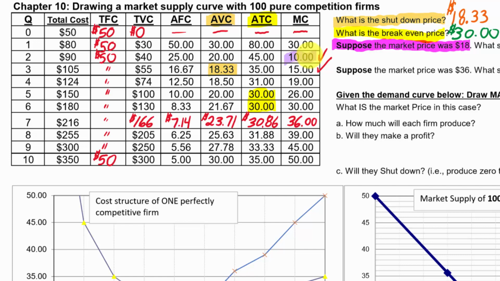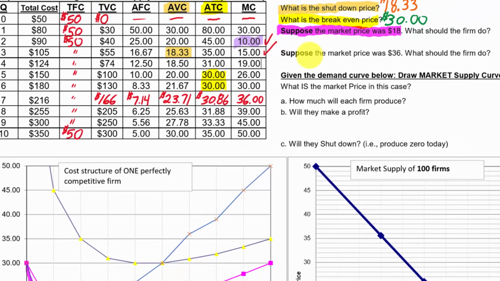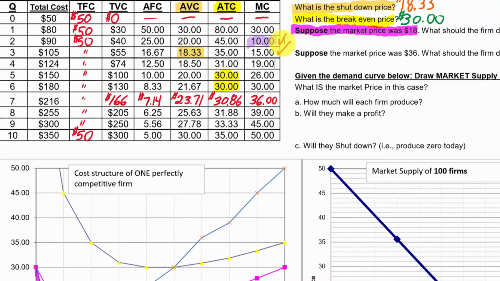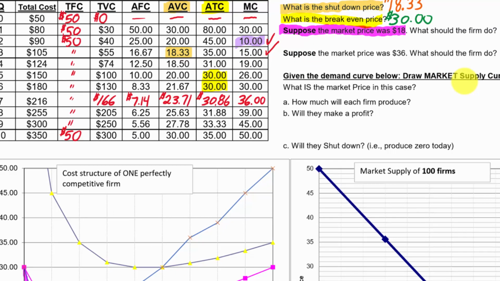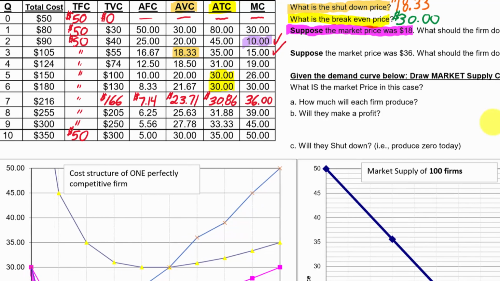What if we did actually decide to produce here? We produced these 3 units and then we stopped. Let's calculate what would happen to us. Well, our total revenue would be 3 units times $18, so 3 times $18 is $54 in revenue. How much are our total costs when we're producing 3 units?